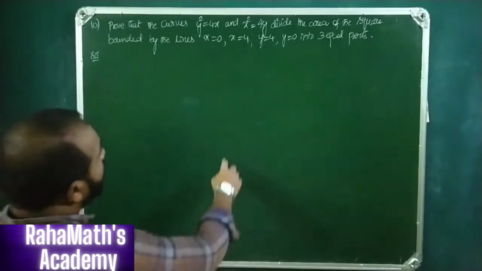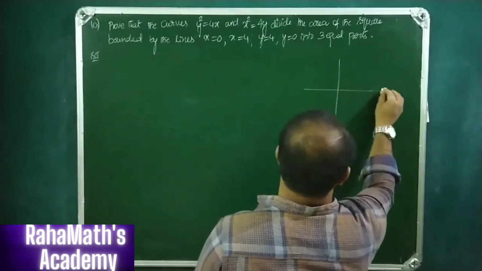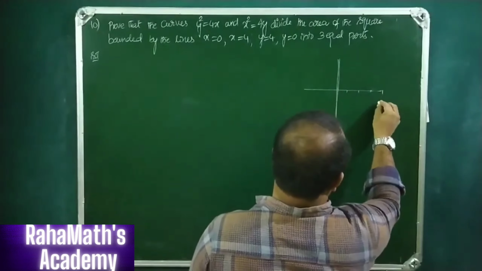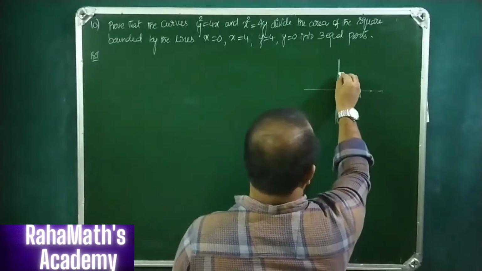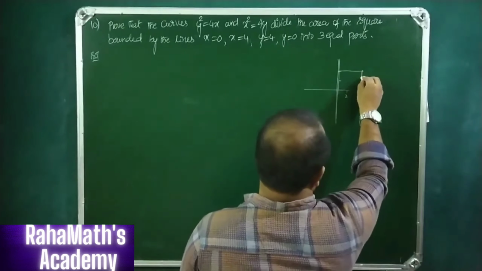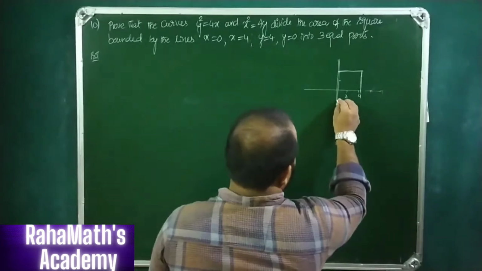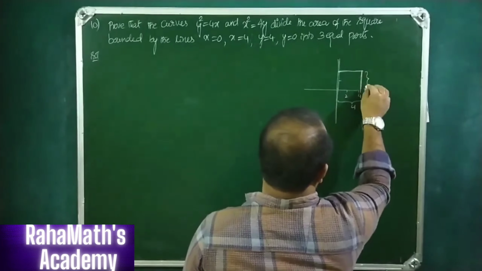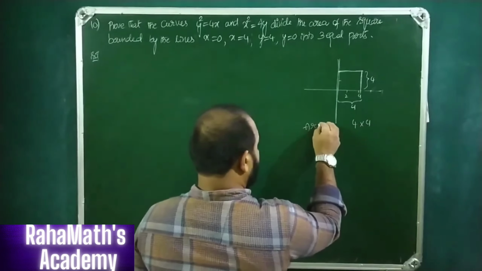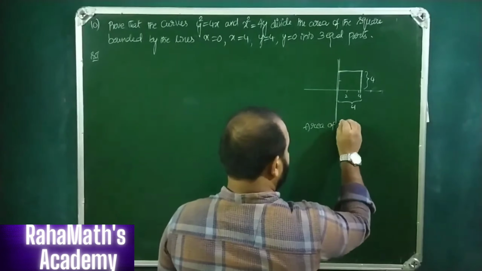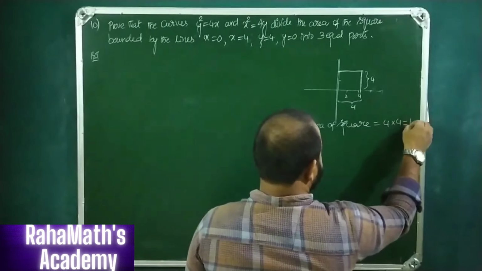So first of all, x equals to 4. For example, this is 1, 2, 3, 4, and otherwise if you take 2 units, 2, 4. This is given. So this is 4 and this is also 4. The area of the square is equal to 4 into 4, 16.